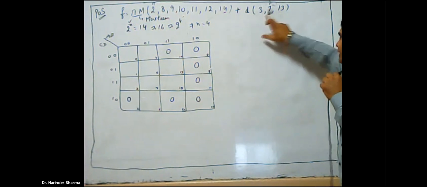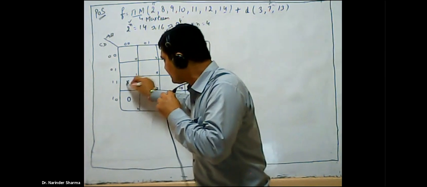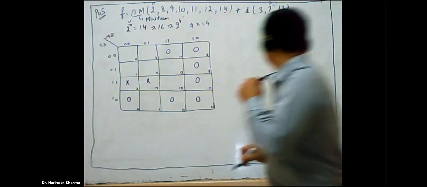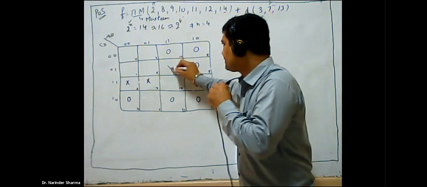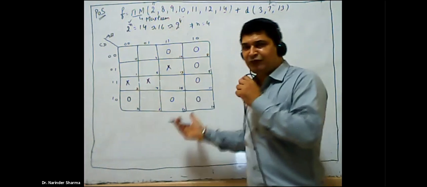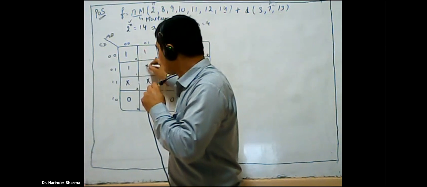Don't care is 3, 7, 13. At third position, mark cross. 7th position, mark cross. 13th position, mark cross. We have to proceed with the others. It means whatever is left should be filled with ones.